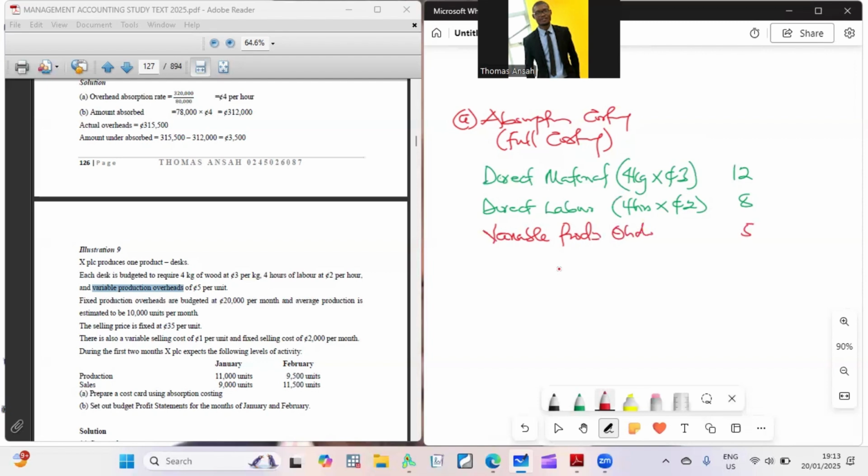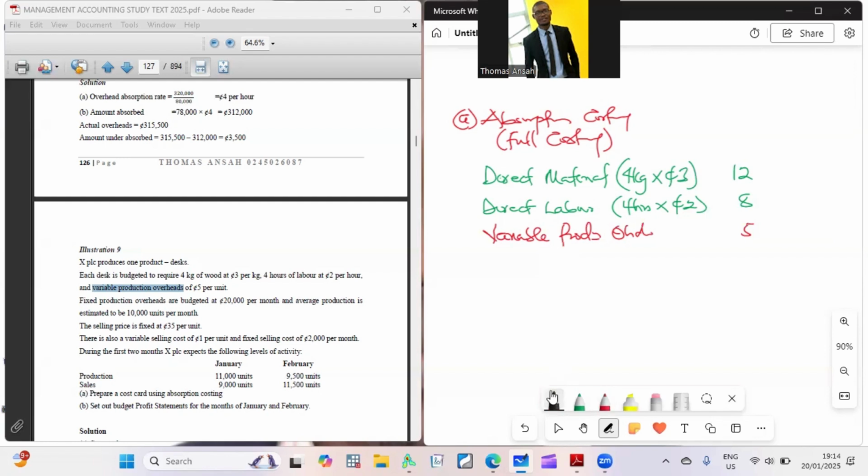But for the fixed production overhead, that is where everything comes from. We are going to do the overhead absorption because the thing is fixed, but we want to only share the part that belongs to the cost of producing 1 unit. So we have to find the overhead absorption rate that we will use to absorb the overhead.